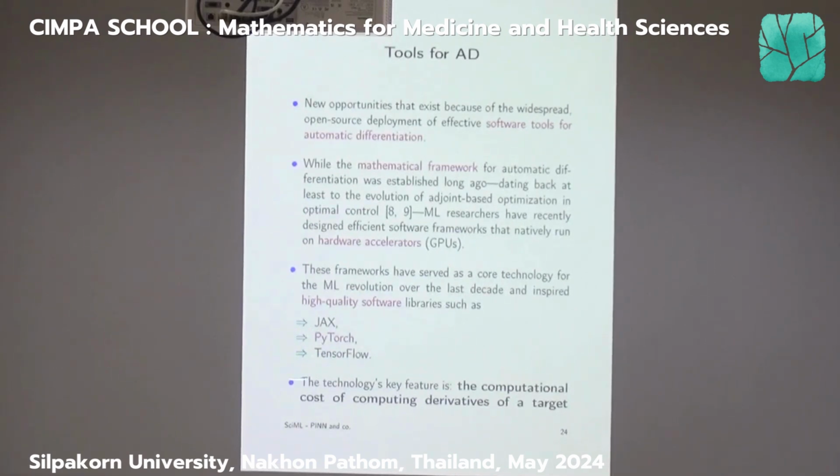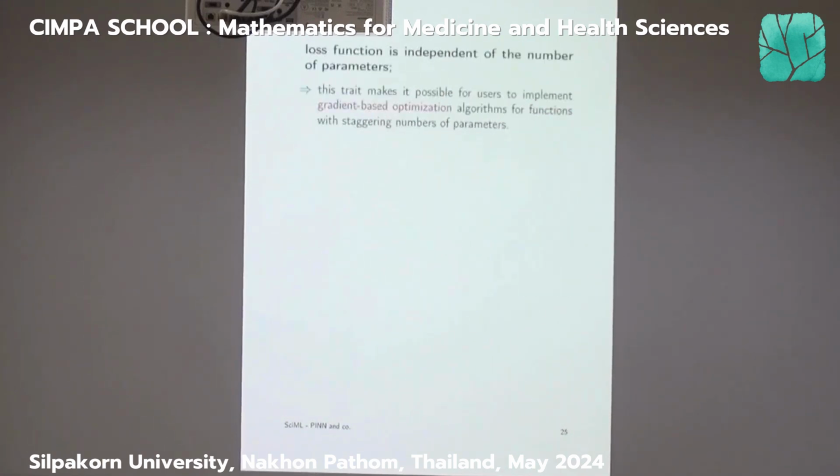All these machine learning packages contain automatic differentiation tools. And it has the advantage also that it's cheap and easy to compute. And this makes it possible for users to implement gradient-based optimizations for functions with an incredibly large number of parameters. So it's very good.